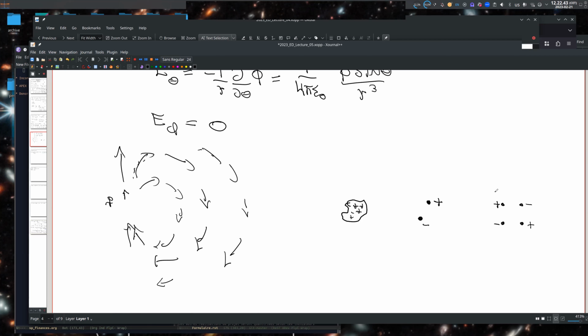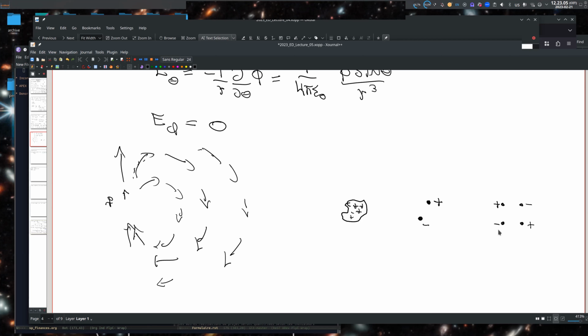So if I look at this from very far away, the potential coming from that object will have a zero monopole term, a zero dipole term, but a non-zero quadrupole term. So maybe in some circumstances in your life, you'll end up with configurations like that.